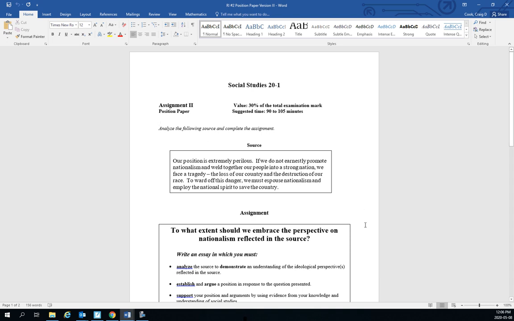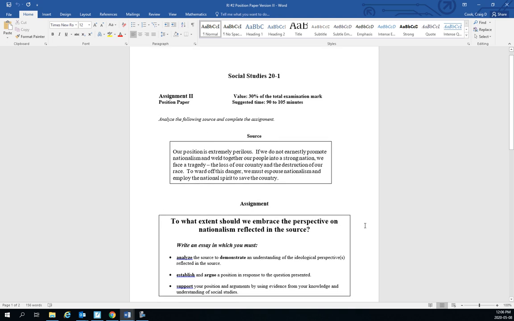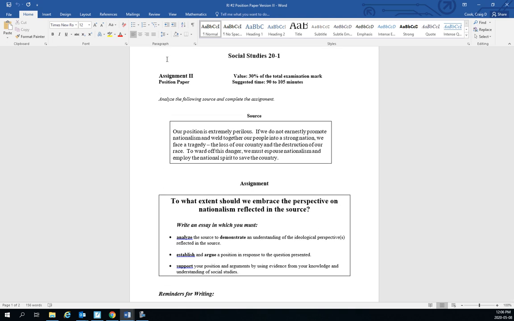So the first thing I'll point out is that in high school social studies in Alberta, it's always going to look something like this. Whether you're writing the Social Studies 20-1 position paper or the diploma exam position paper next year in grade 12, the format is going to look exactly like you should be seeing on your screen right now. The only thing that'll be different is the source.